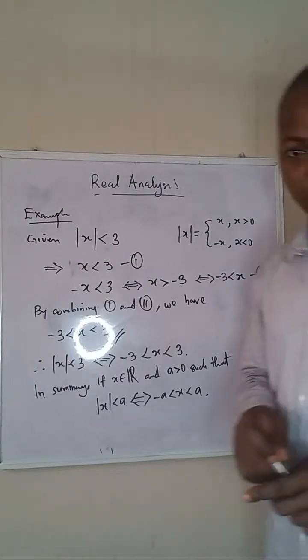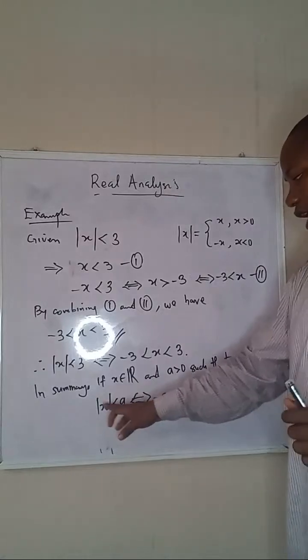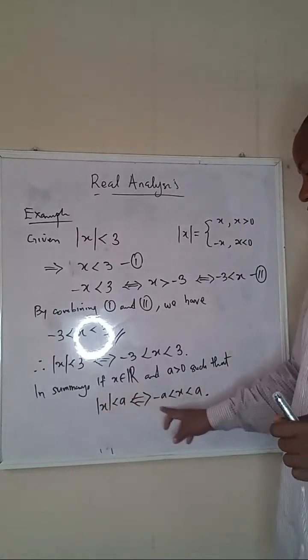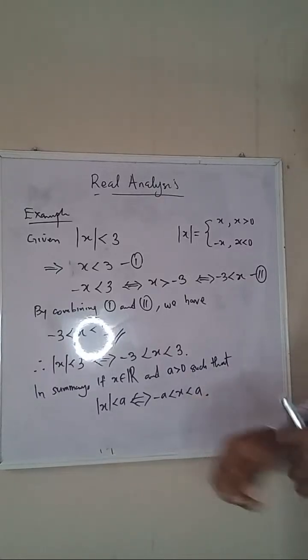That is in summary. Anytime we have absolute value of a number less than a, it simply means minus a less than x less than a.